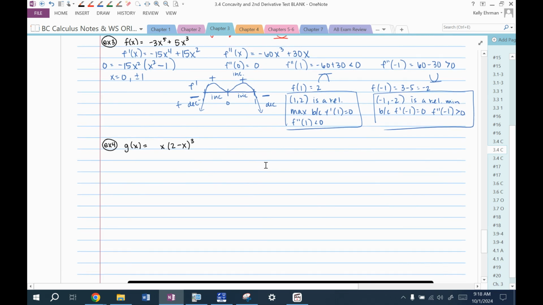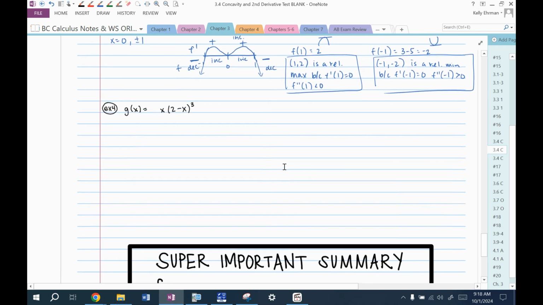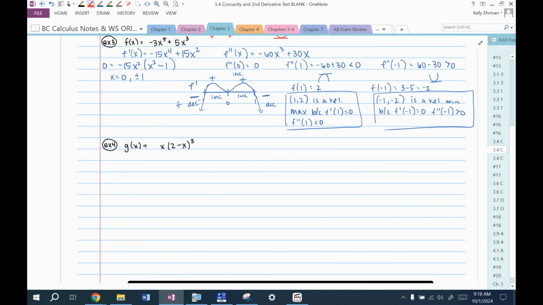Okay, example 4, this is our last example here. So taking a look at this, to find g prime, now I don't want to mess this up again. I need to do product rule right off the bat. First times derivative of the second, that's going to be 3 times (2 minus x) squared. What's the derivative of 2 minus x?